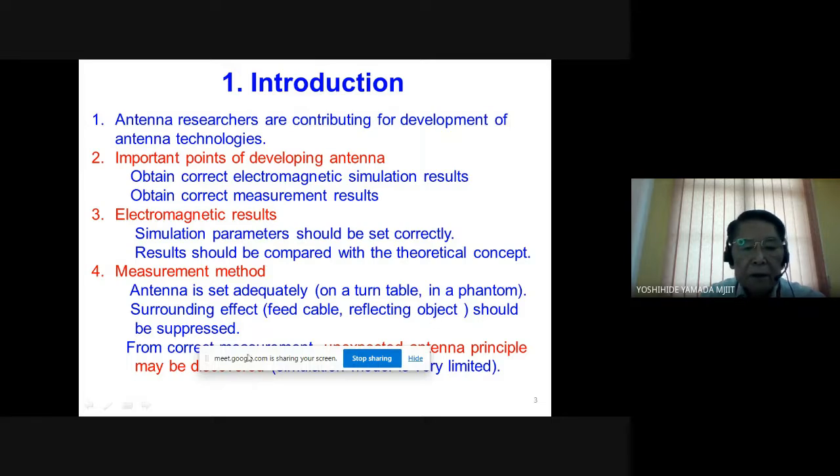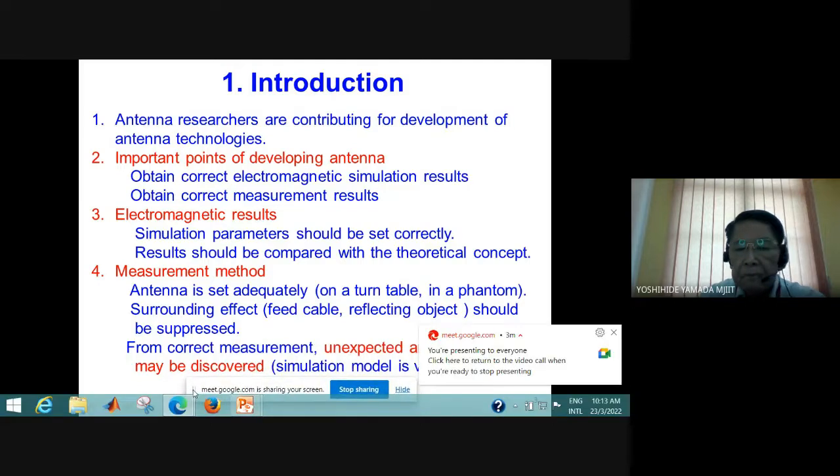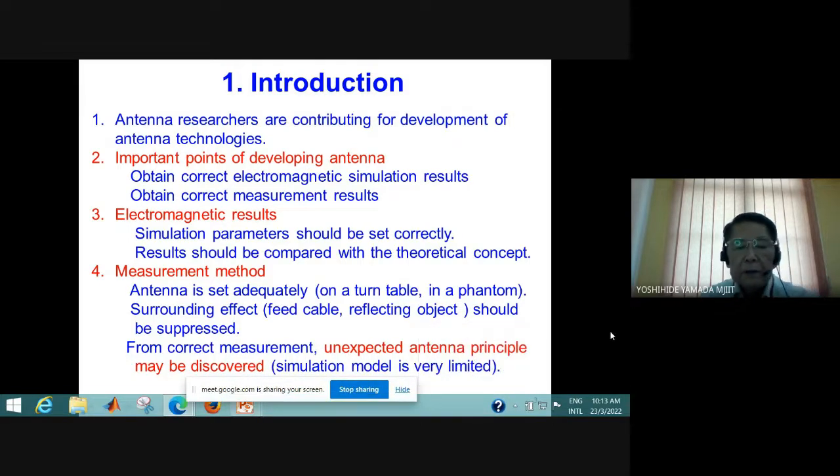And the importance of measurement: in the simulation, simulation model is very limited, very simple. This is fabricated from the known knowledge of us. However, in actual antenna performance, there may be some unknown factors.